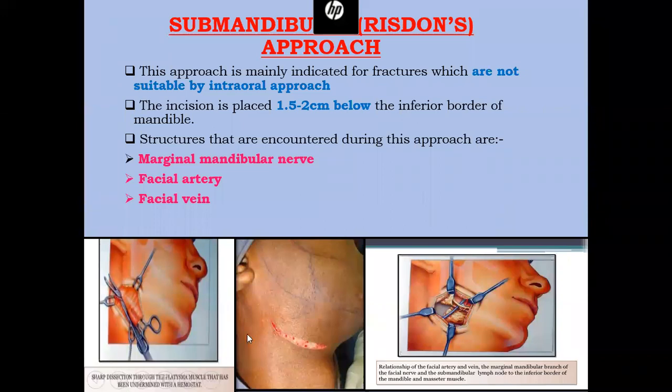We need to take care of these structures because we don't want the marginal mandibular nerve to get cut, because it supplies the lower lip and the facial muscles. So we don't want this nerve to get transected.